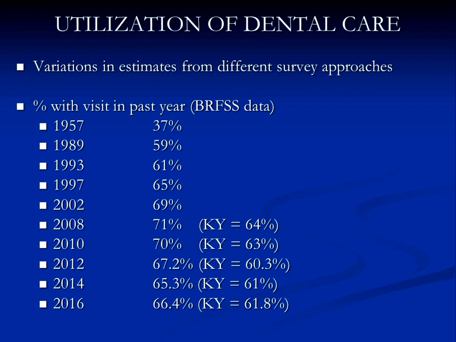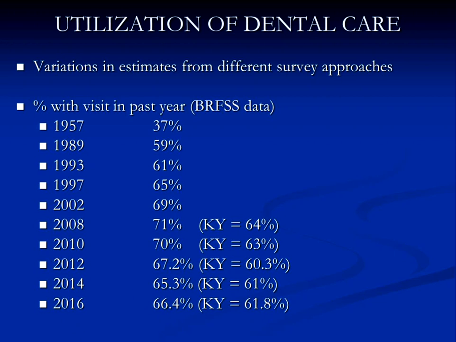What you'll see in the rest of this lecture in video 2 is that I'm pulling data from the CDC, which is highlighting the BRFSS data, and they collect data every 2 years on oral health specifically. So they actually have a category of utilization of dental care, and you can see over the years the trends of utilization of dental care.